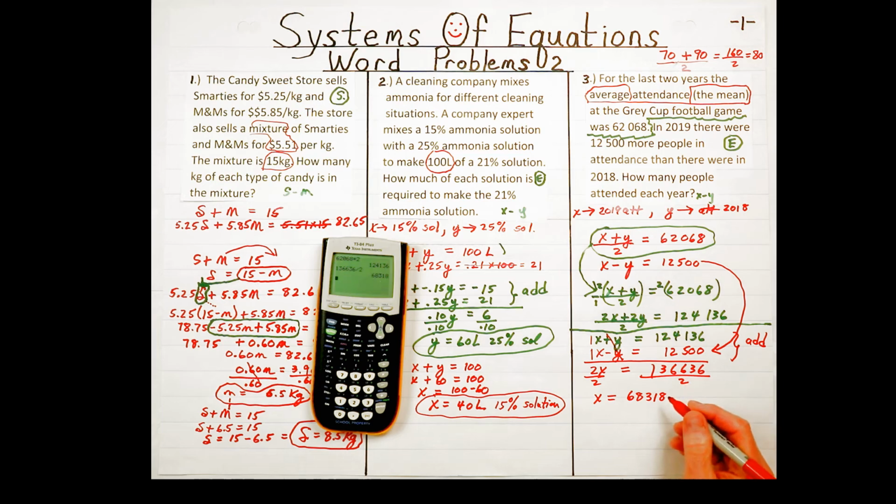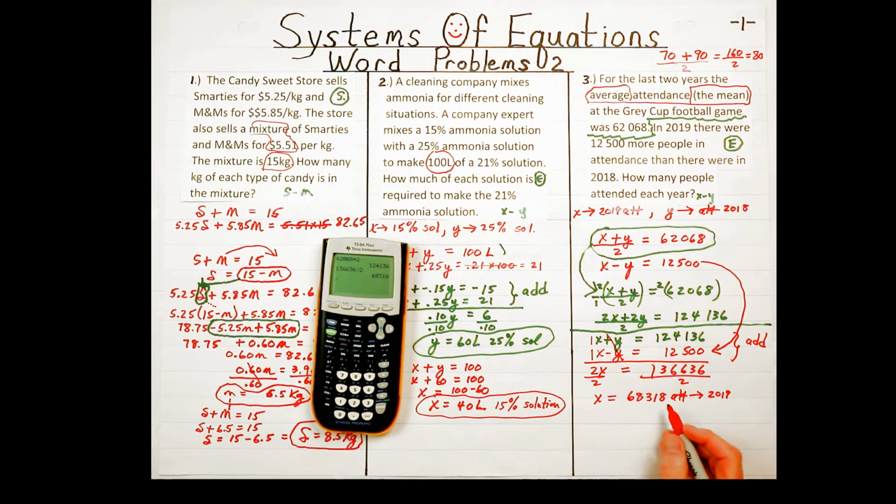68,318 people in attendance for what year? 2019, because I wrote it up here, let x be 2019 attendance. Okay, there we go. So now, doesn't matter which equation, they're both pretty simple to work with.